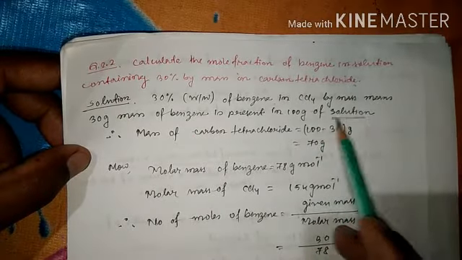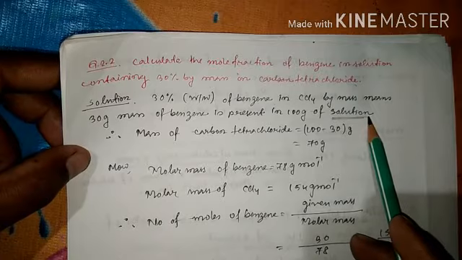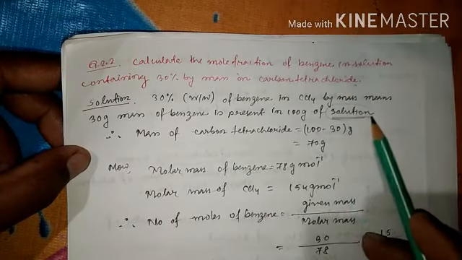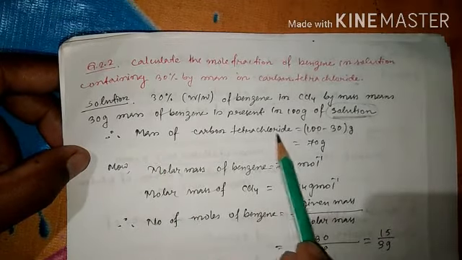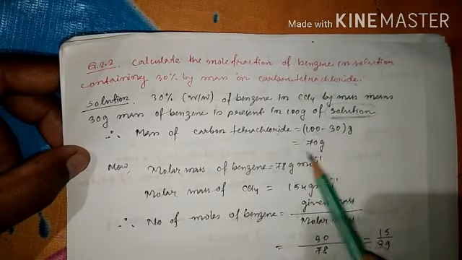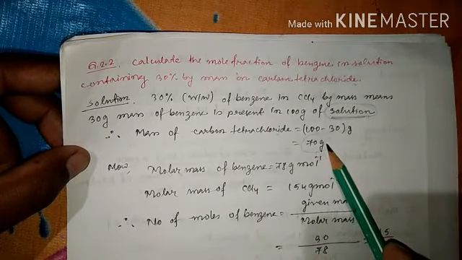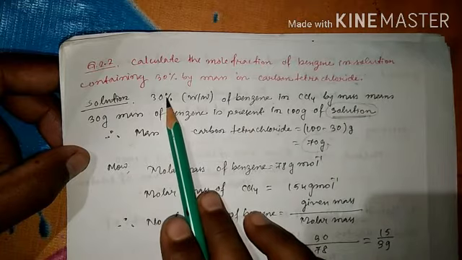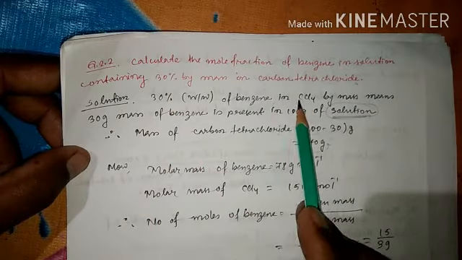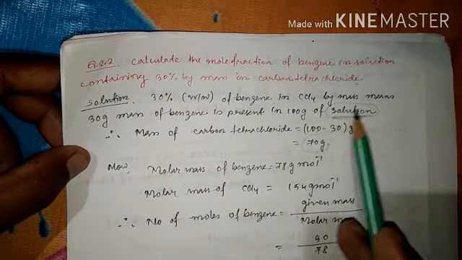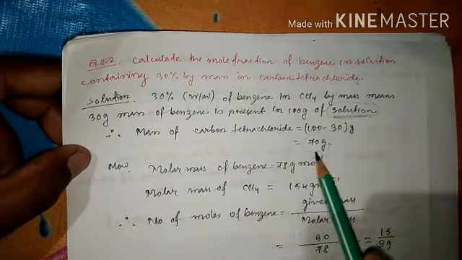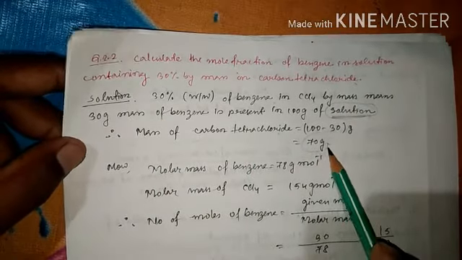Remember, 100 gram of solution, not of any solvent or solute alone, but the mix of solvent and solute. Therefore, the mass of carbon tetrachloride is 100 minus 30, which is 70 gram. That means to prepare a 30% solution of benzene in carbon tetrachloride, we add 30 gram of benzene to 70 gram of carbon tetrachloride.